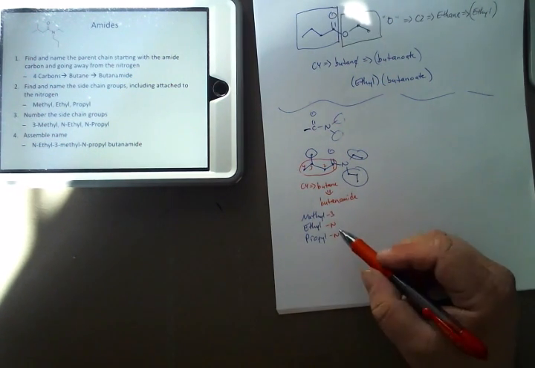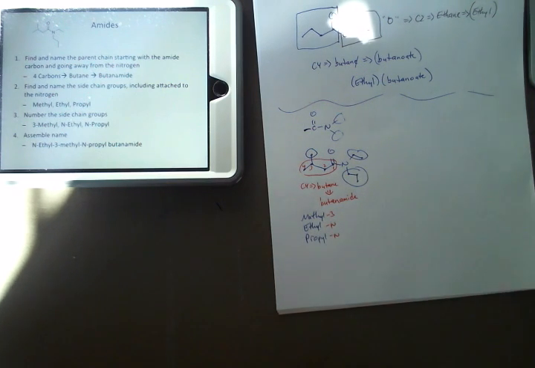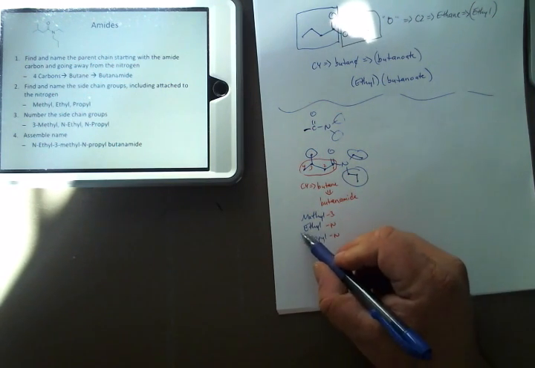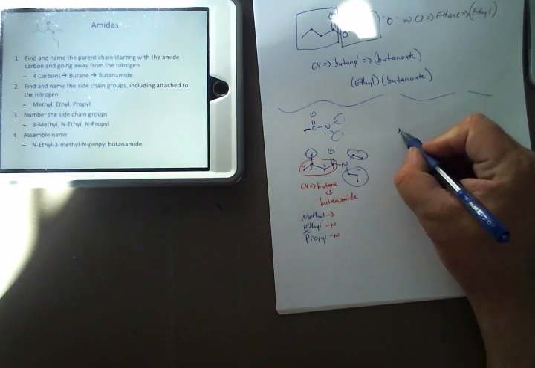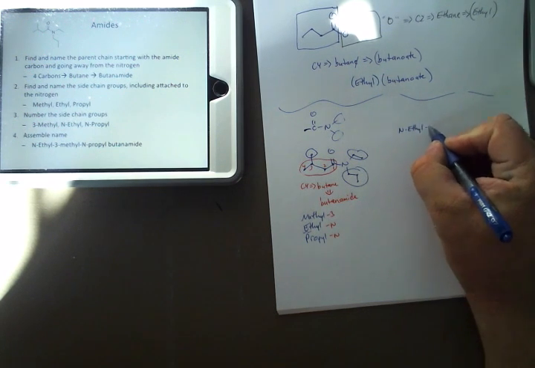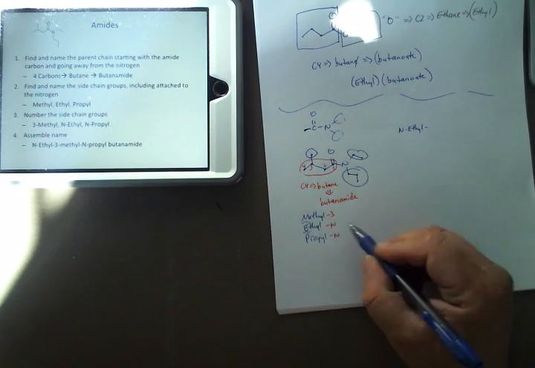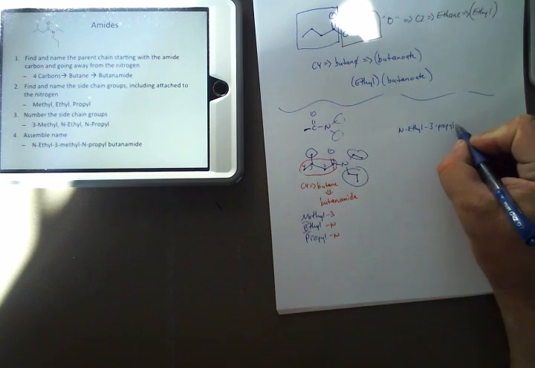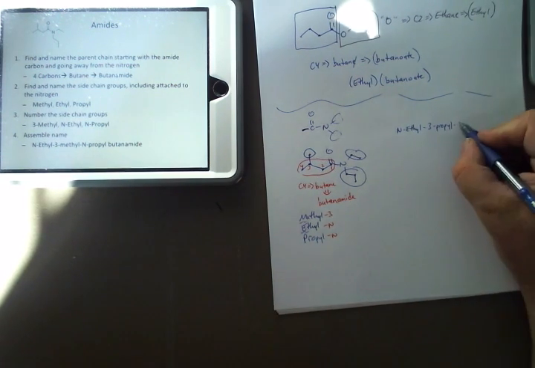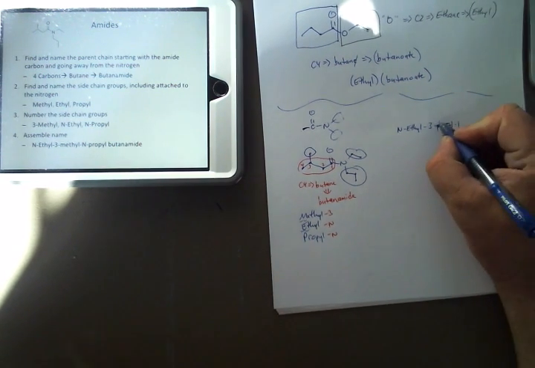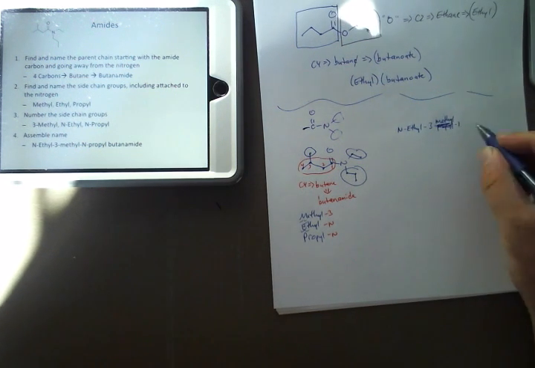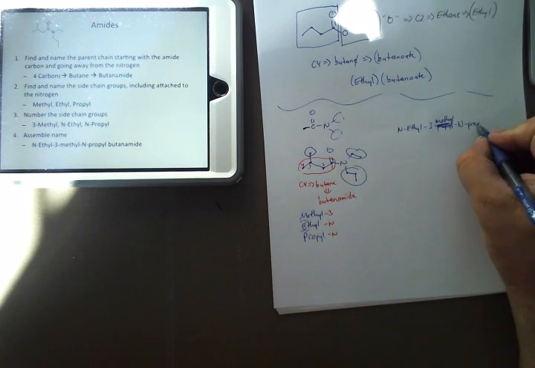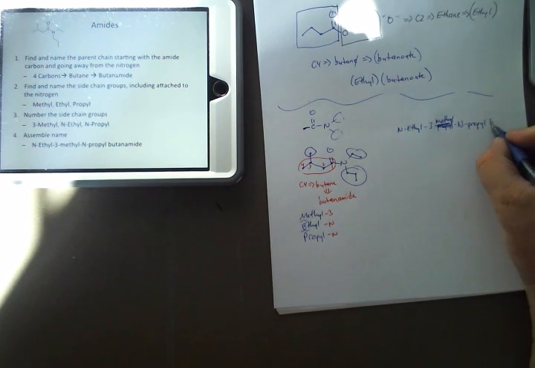Okay, so what comes first, right? The ethyl is going to come first, because alphabetically, so it becomes N-ethyl. Methyl comes next, because methyl comes before propyl, so 3-methyl, sorry, I got ahead of myself, N-propyl butanamide.